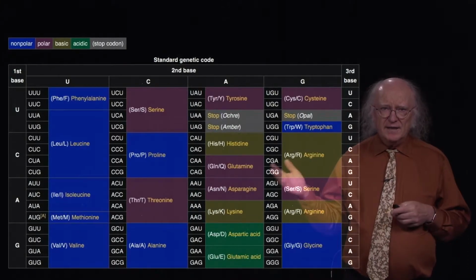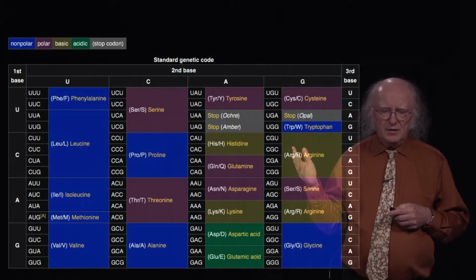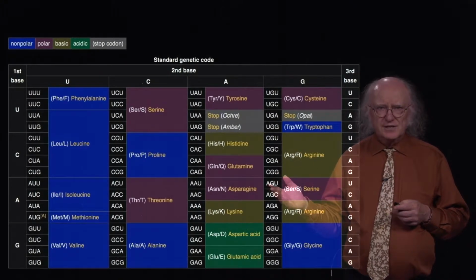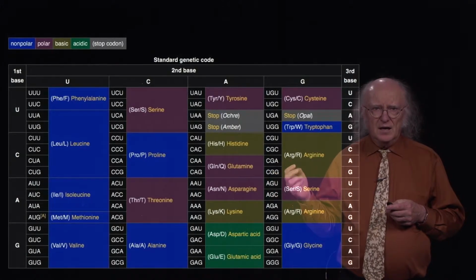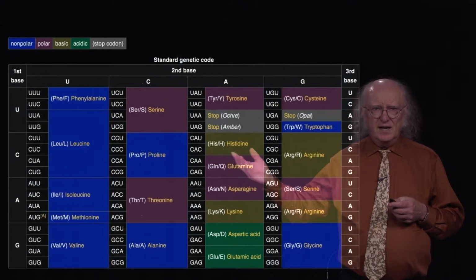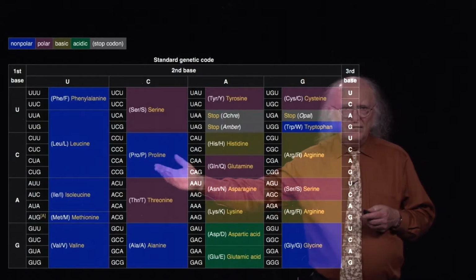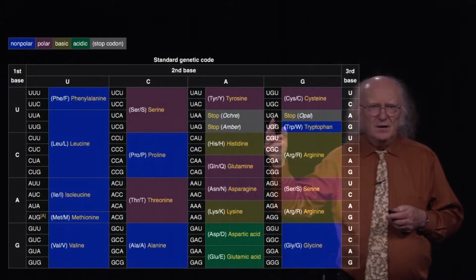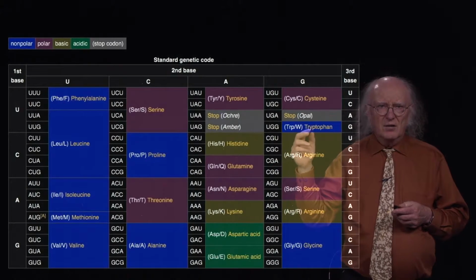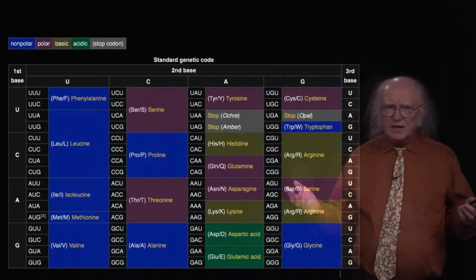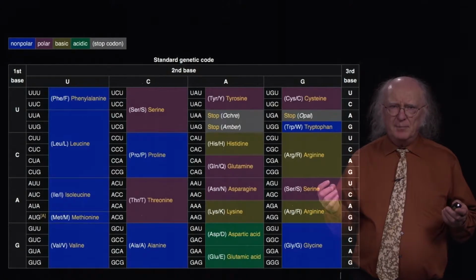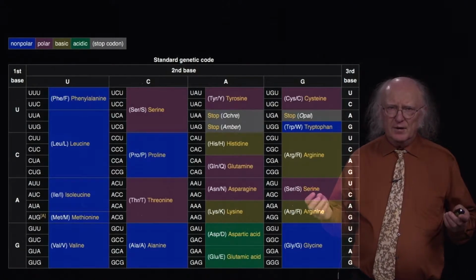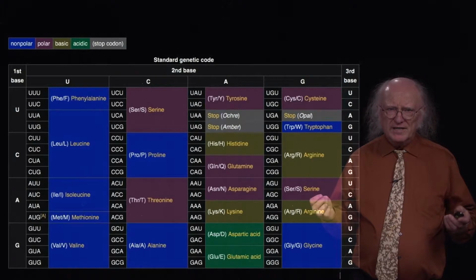Now, if you look at this genetic code table, you'll notice something interesting. If we look at some of these amino acids, we'll see that the entirety of the sequence is redundant. Let's take a look, for example, at leucine. Leucine is an example of an amino acid that is specified by a redundant code.